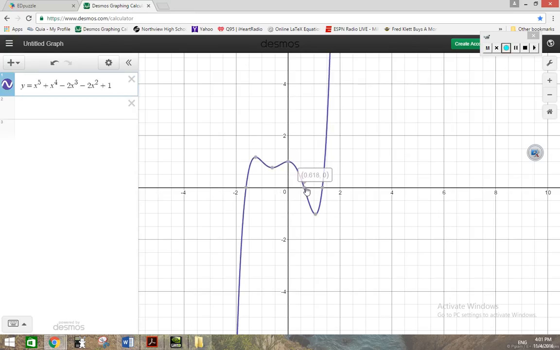Look at this guy over here. This 0.618 is rounded to 3 decimals. I believe the true number goes on forever with no repeating pattern. It's an infinite decimal. Look at this x-intercept, 1.325, the same thing. So those were 3 of the 5, and neither one of these are repeated roots.